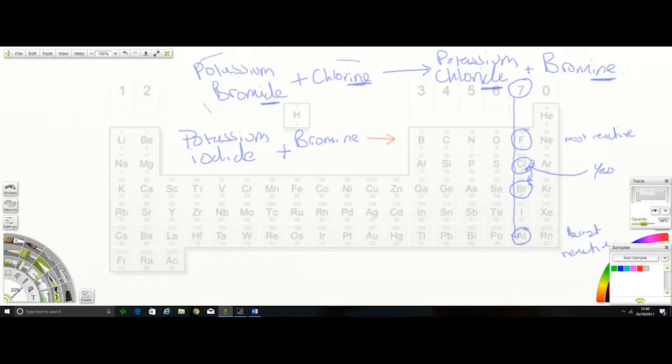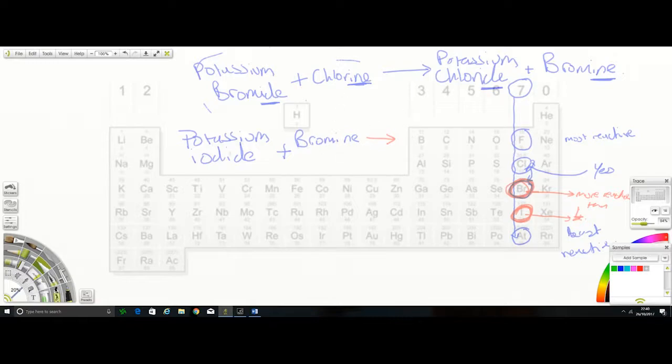If you look at the periodic table, we've got bromine, and we're asking, can it displace the iodine? Well, because bromine is higher up than iodine, bromine is more reactive than iodine, therefore the reaction can occur.